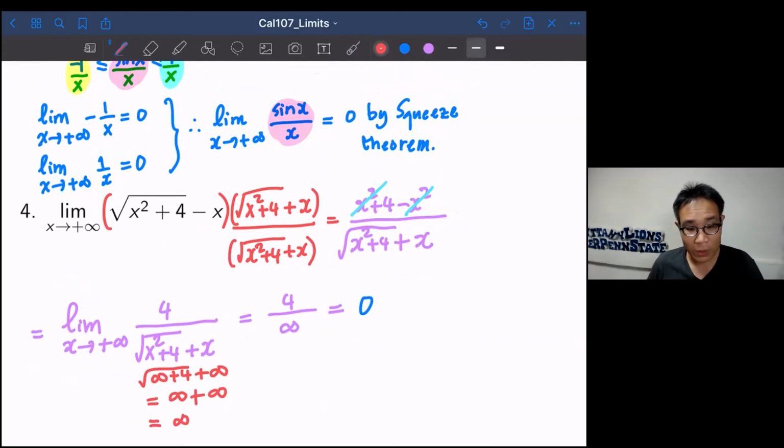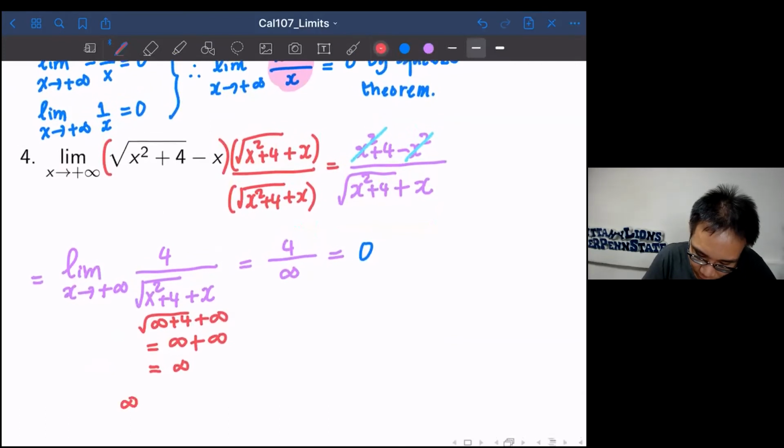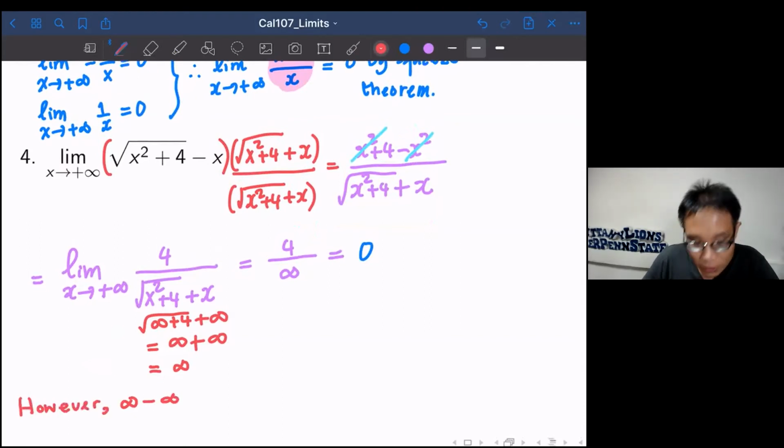That one is your infinity plus infinity. However, when you have infinity minus infinity, this turns out to be an indeterminate form.